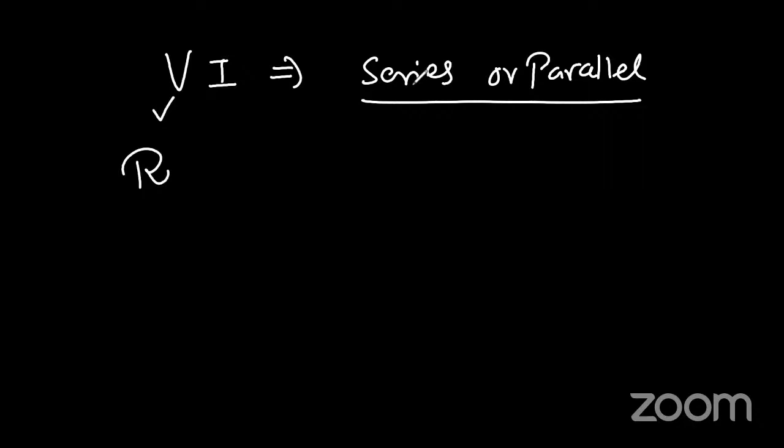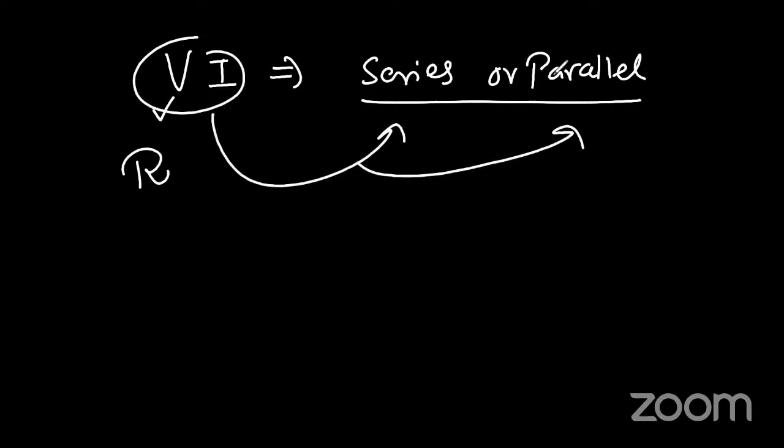There is no breakup line. For those two resistors, what is the value of voltage independently? What is the value of current independently? I know the voltage of the whole circuit, the current of the whole circuit, and the total resistance. But for each resistor that is connected, how much is its voltage and its current? Same for the parallel. So today we'll see the concept of VI for series and parallel networks of resistors.